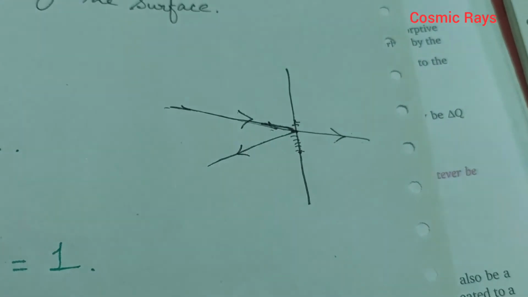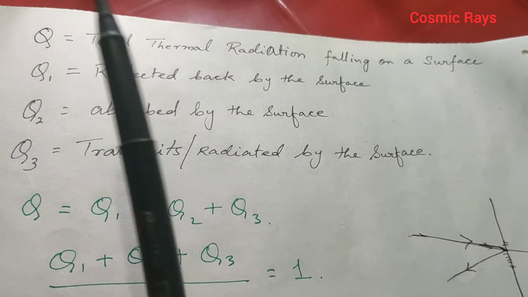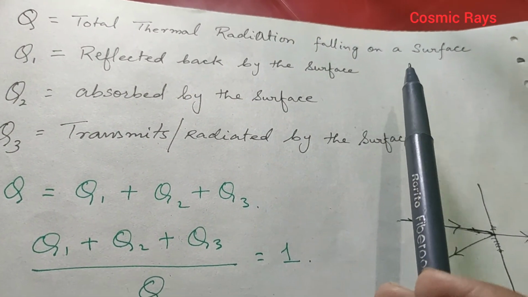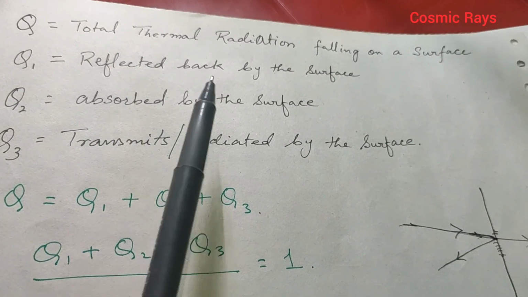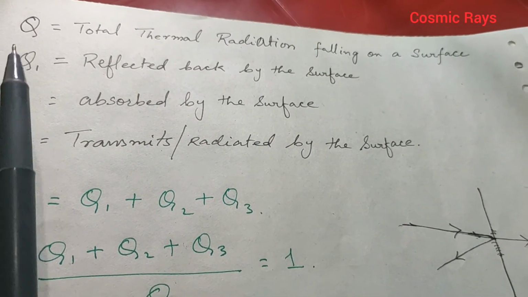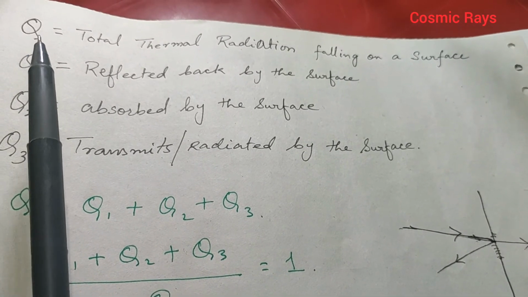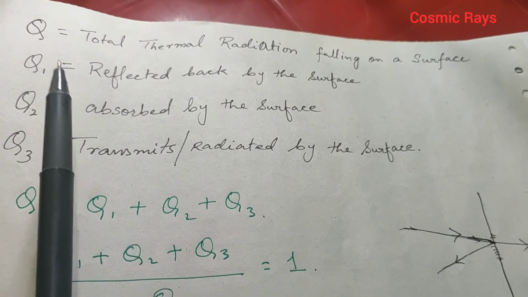Now, if we assume that Q is the total thermal radiation falling on a surface, then Q1 part of it is reflected back by the surface. So we assume that out of Q, the total radiation falling on the surface, Q1 has been reflected back.